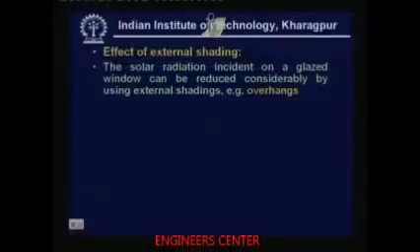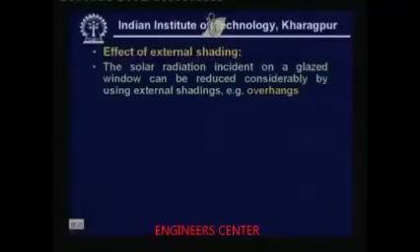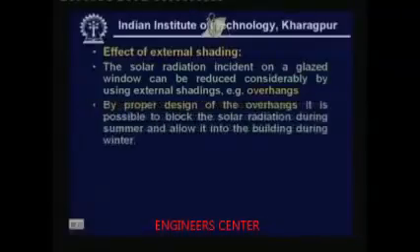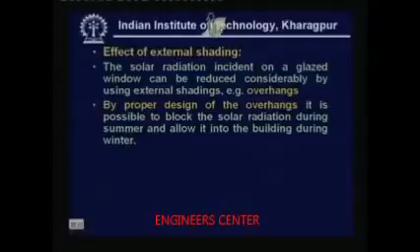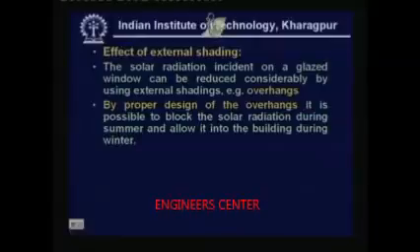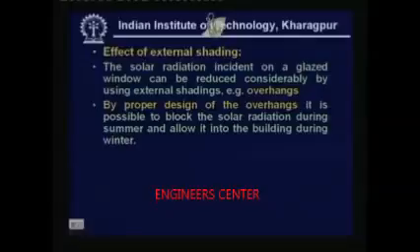The solar radiation incident on a glazed window can be reduced considerably by using external shadings, for example overhangs. Of course, external shading can also be provided by, let us say, a tree or an adjacent building. But here I am assuming that it is based on overhangs. By proper design of the overhangs, it is possible to block the solar radiation during summer and allow it into the building during winter.